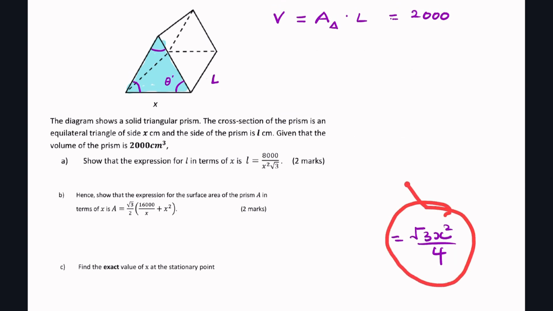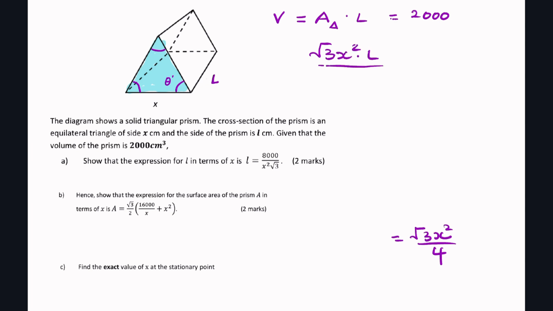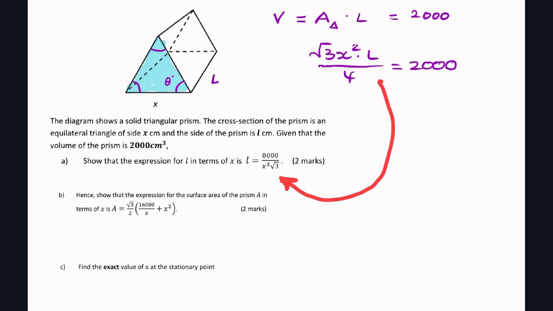So we can put that in there. So we can say square root of 3x squared times L over 4 equals 2000. We're very close, probably just one step away.